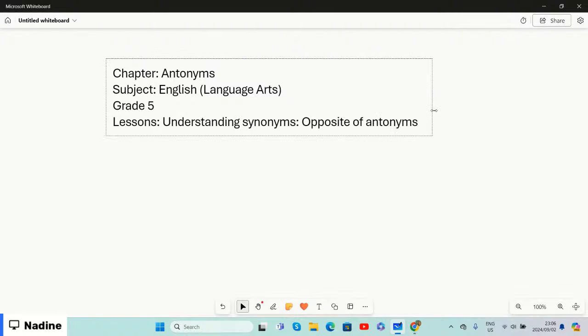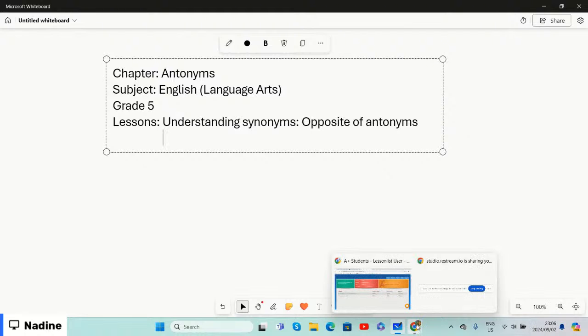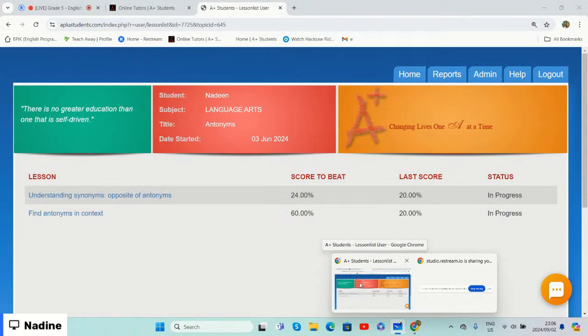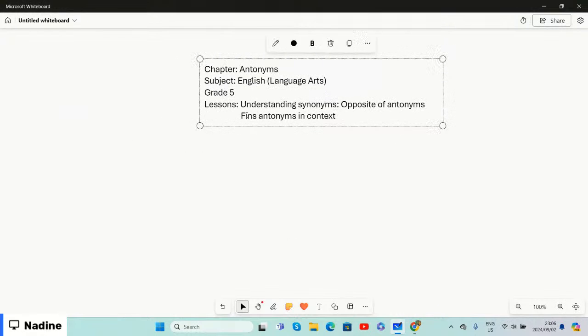And the lessons that we are going to be focusing on under the chapter of antonyms are understanding synonyms, the opposite of antonyms, and find antonyms in context. That is going to be our lessons for today.